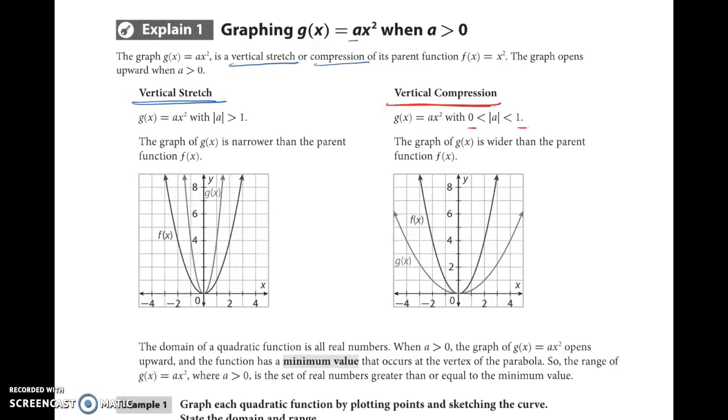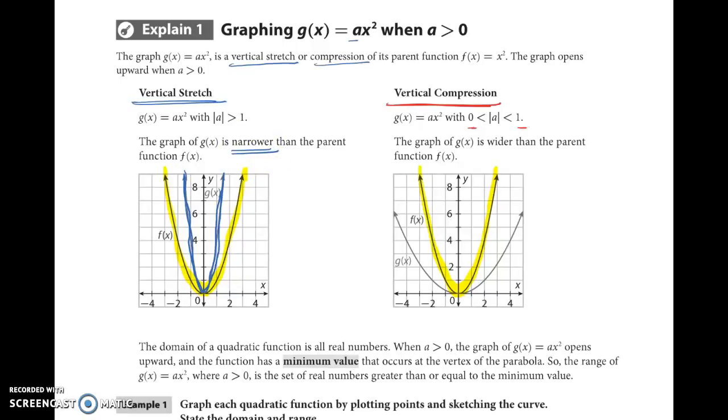So the parent function, I'm going to highlight it in yellow. This parent function, the standard one that we just drew, is the one that we are seeing how it changes. A vertical stretch is this one here where it stretches it and makes it skinnier, if you will. A lot of textbooks used to call it narrower, hence narrower right there.